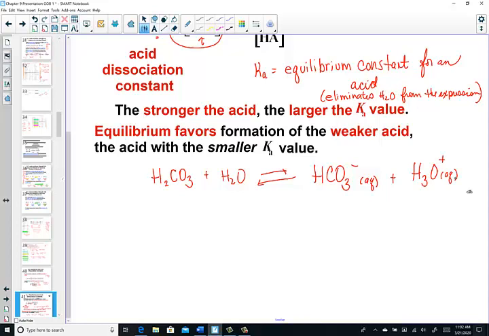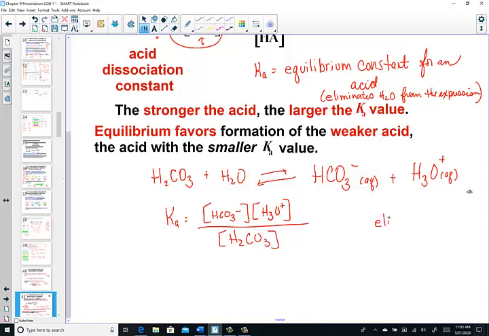So in this reaction, we have a proton transfer. Ka is the acid dissociation expression, where I'm going to take the concentration of the products, which would be the bicarbonate ion, HCO3 negative, times the concentration of the hydronium ion, H3O plus, set over the original molecular form of the acid, H2CO3.